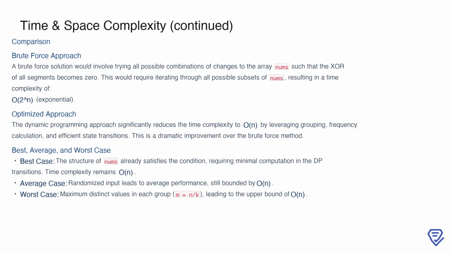In contrast, our optimized dynamic programming approach reduces this complexity to O(n), by leveraging the grouping of numbers, efficient frequency computations, and state transitions. This dramatic improvement is what makes the dynamic programming solution scalable. Whether we're in the best case scenario, where minimal computation is needed, or the worst case with maximum distinct values in each group, the time complexity remains bounded at O(n), ensuring consistent performance across different types of inputs.